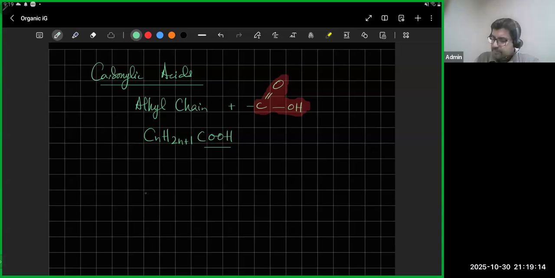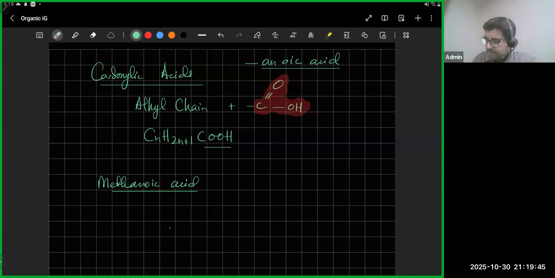That's what a carboxylic acid is going to look like, and this is the general formula. So if I draw methanoic acid, you remember their name ends with oic acid.